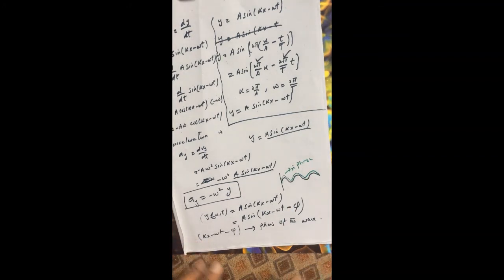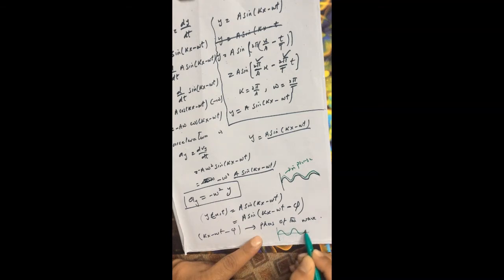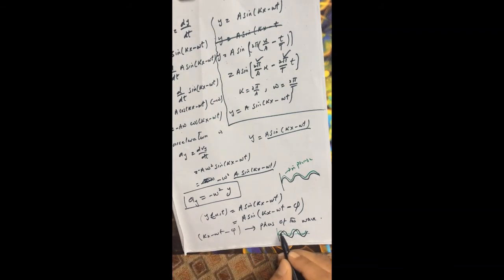But if two waves have different motion, like if this is one wave and this is a second wave, they have a different phase because this point is not exactly above this point. So there is a difference between these two points. So they are called out of phase.